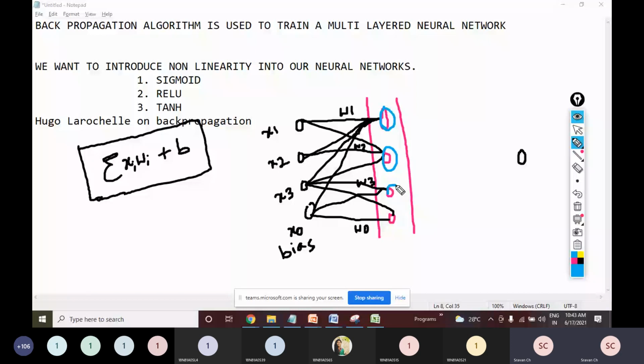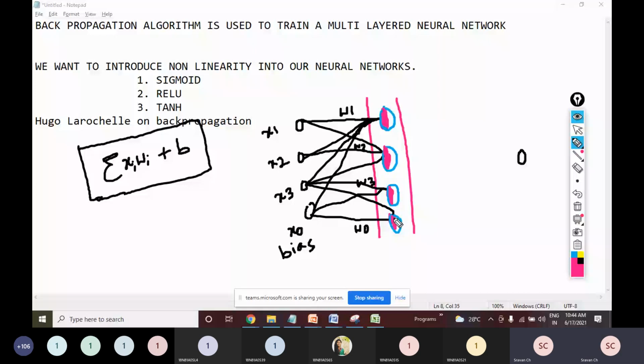So what I'm trying to show you is that this hidden layer has got two parts. So friends, if you observe carefully, each unit of the hidden layer has two parts.